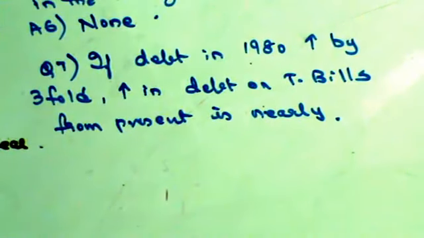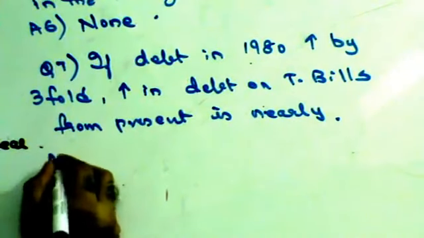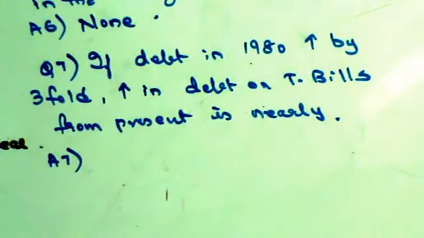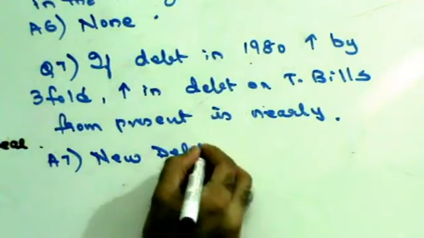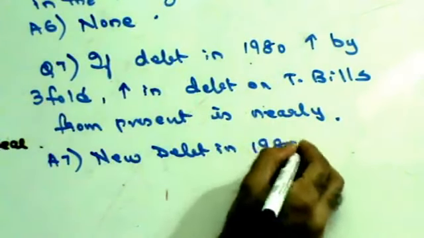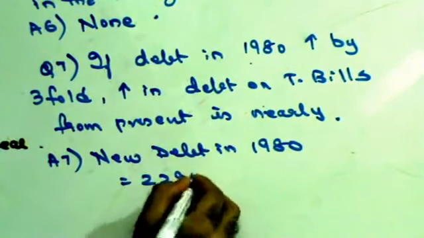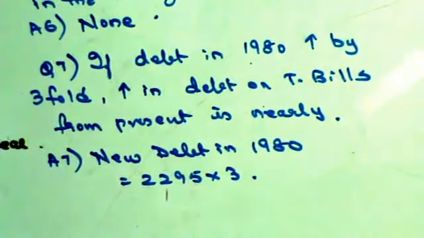Okay. Now they are saying that if the debt in 1980 increased by threefold, right? So the new debt in 1980 is going to be 2295 into 3, right?